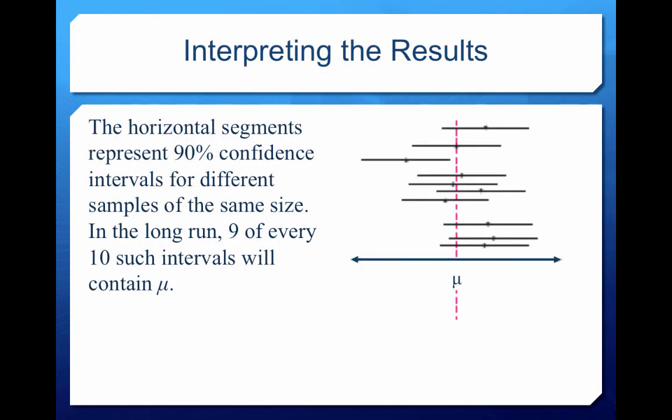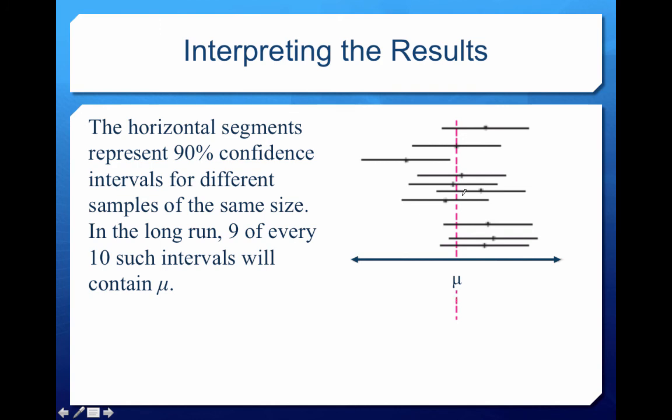Okay, so here's kind of a visual interpretation for you guys. The horizontal segments represent 90% confidence intervals for different samples of the same size. Remember, we don't really know this pink dotted line, but I'm giving it to you for this visual.